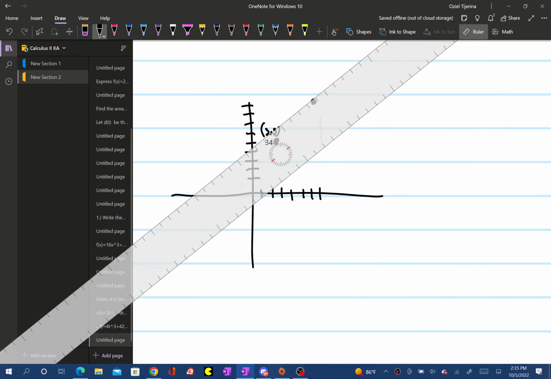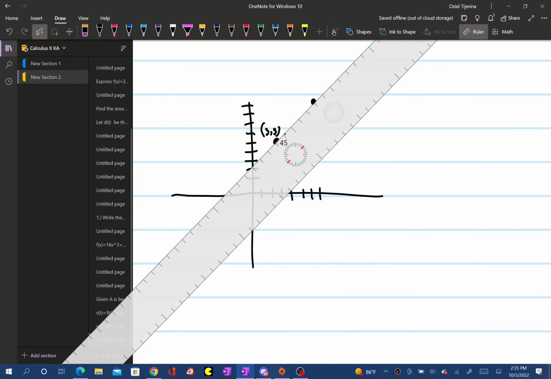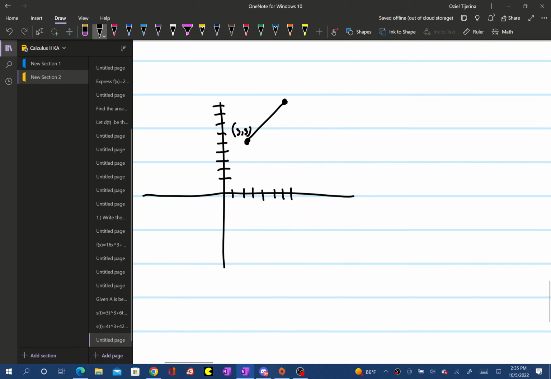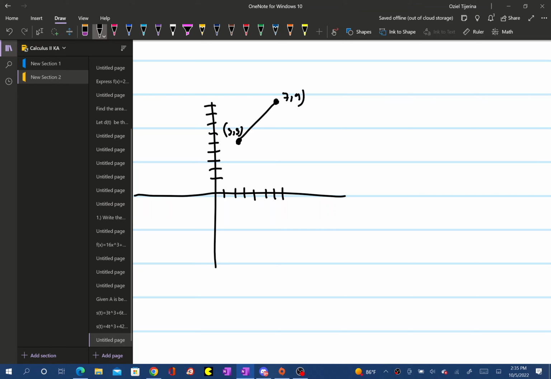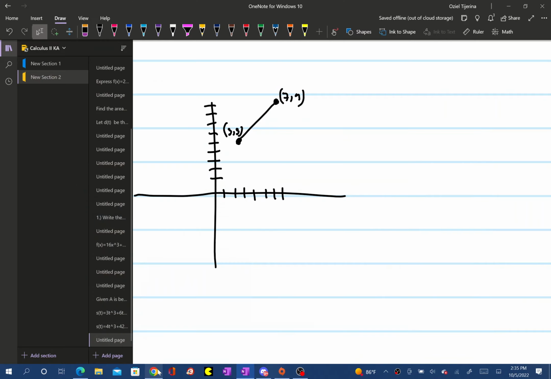And they want you to find the midpoint of that. So 3, 5, and 7, 9, I believe is what it was. They want you to find this midpoint.